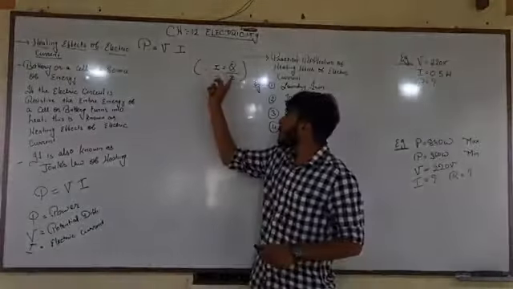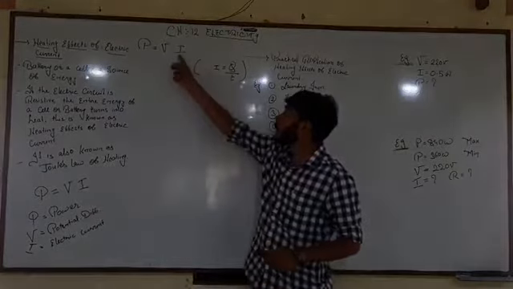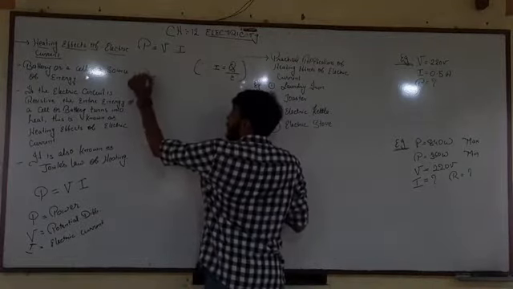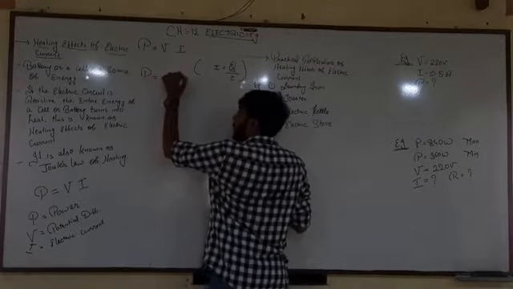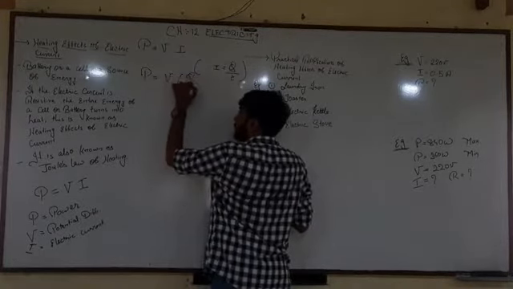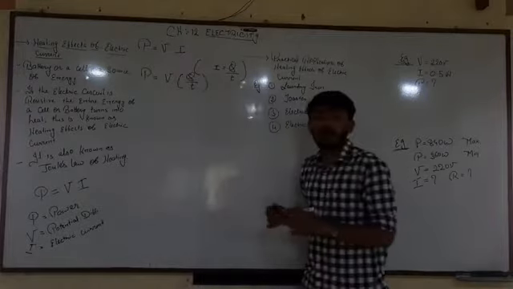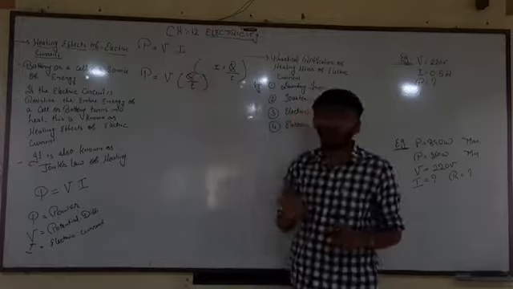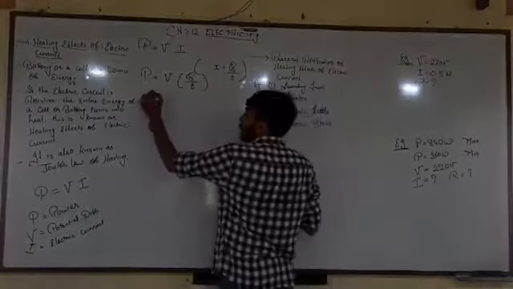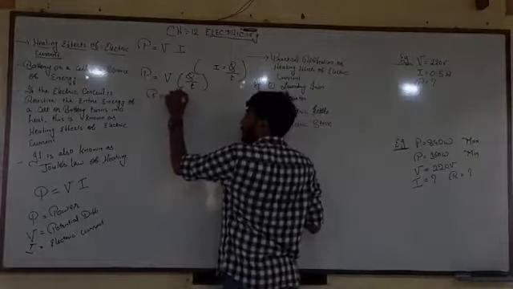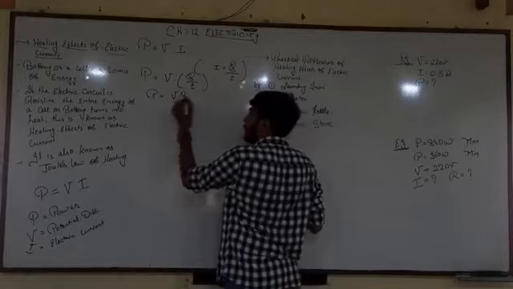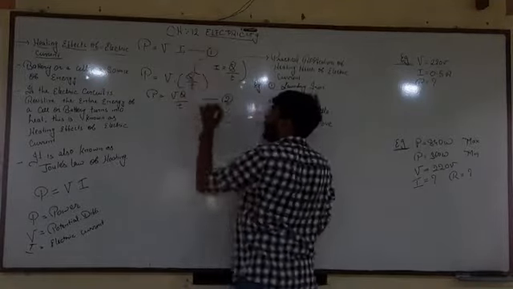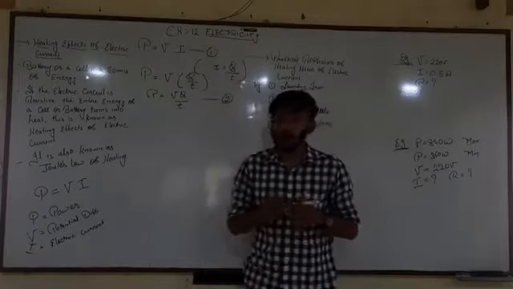I can substitute this value instead of I, so the formula also becomes P is equal to V multiplied by Q upon T. I have substituted the value of electric current I as Q upon T. So this is another formula of power, that is VQ upon T. This is the second formula and the first formula for electrical power.